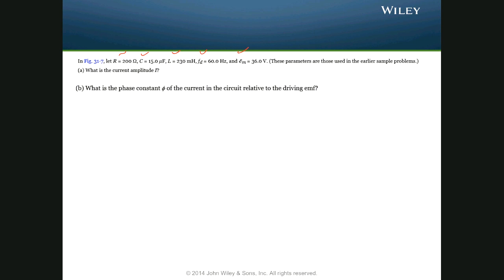These parameters were used in earlier problems. So we want to know what is the amplitude of the current. Well, we can write V equals I Z. So you have V, and now you need to solve for Z.